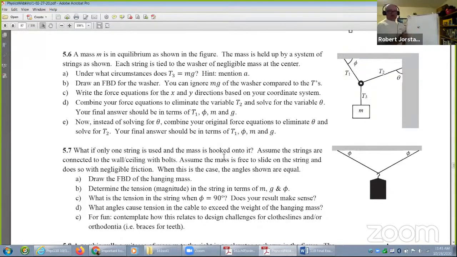If you can, try to get as far as you can on parts A and B while I draw this thing. The idea is you're trying to draw on your page while I draw on my page here.